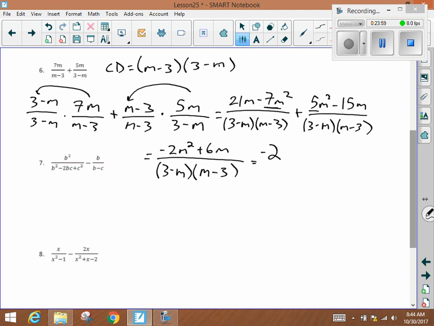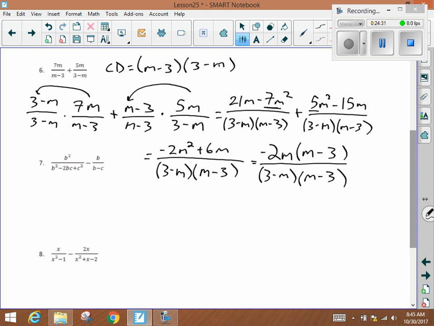Negative 2m. That's going to be, well, I wind up with a negative m here, right? Negative m. No. Minus 3 over 3 minus m times m minus 3.